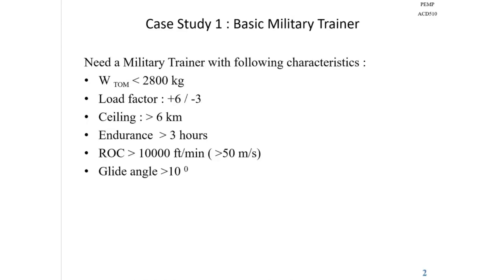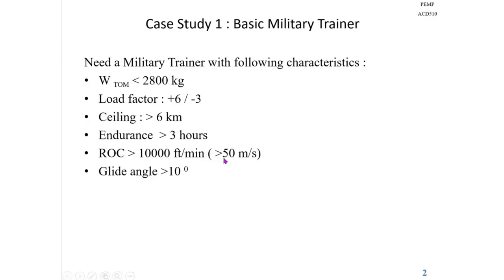So this is a military trainer where the takeoff mass is less than 2,800 kg, which is capable of a load factor of +6 and -3, ceiling greater than 6 kilometers, endurance greater than 3 hours, rate of climb 10,000 feet per minute, roughly more than 50 meters per second, and a glide angle around 10 degrees.